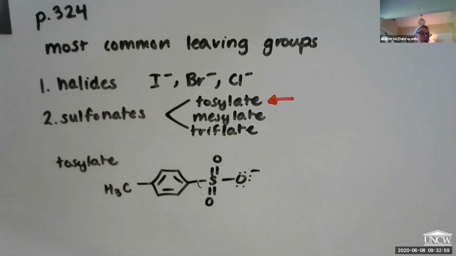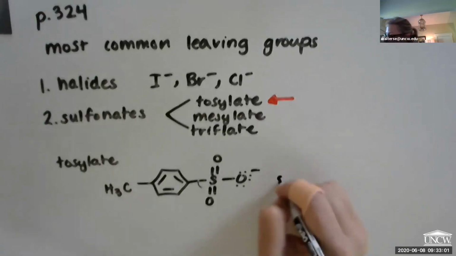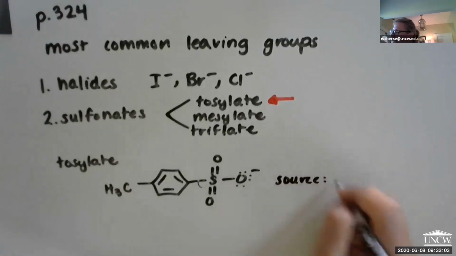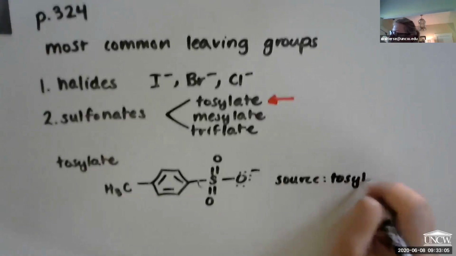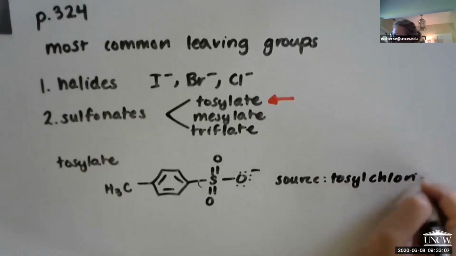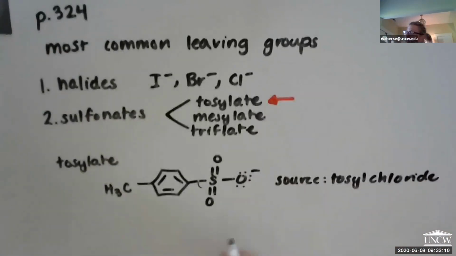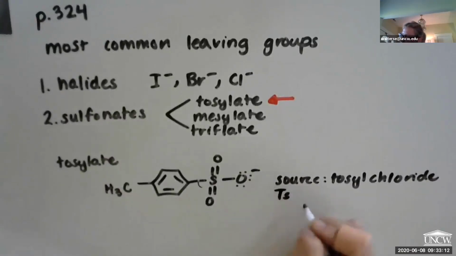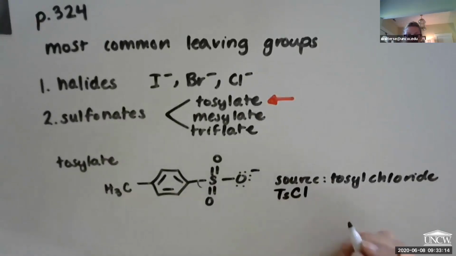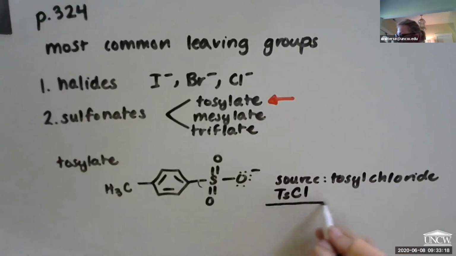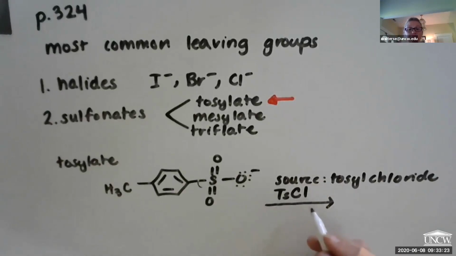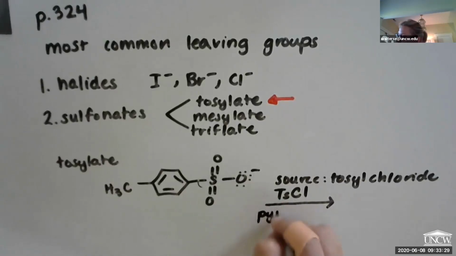Okay. So the source of tosylate is a compound called tosyl chloride, and it's generally going to be written TsCl. When you use the tosyl chloride to convert your leaving group, that's a separate reaction step that requires the solvent pyridine.